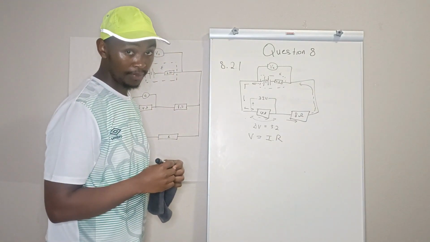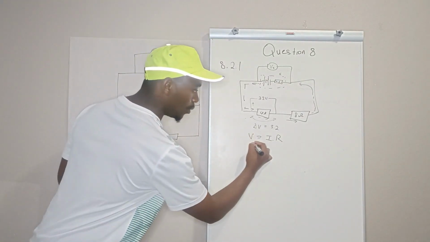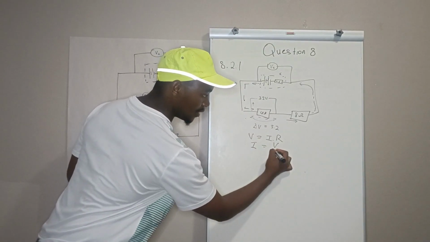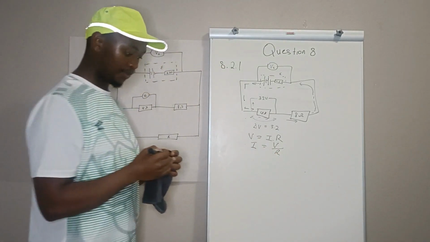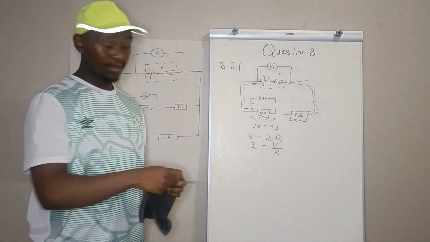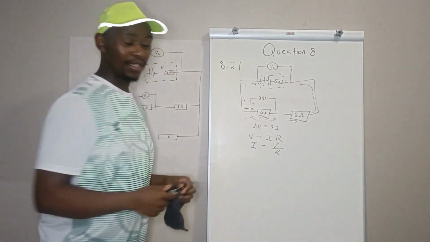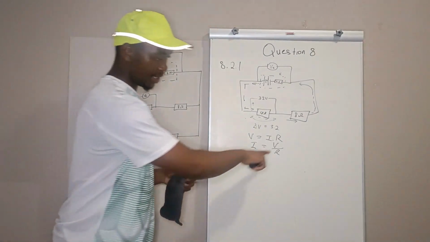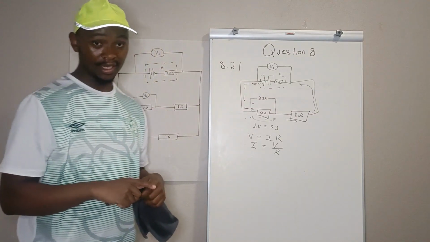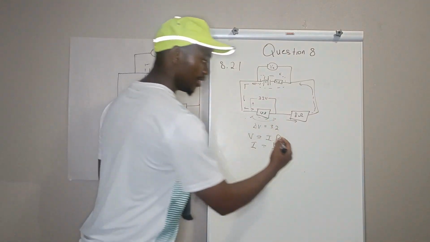You can also write it as follows: the current through that resistor is equal to the voltage across the resistor divided by the resistance. Right, what do we have in that circuit? We know the potential difference across that resistor, which is our voltage here, and we know the resistance of the resistor, and that resistance is 4 ohms.